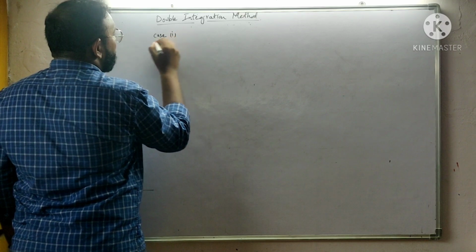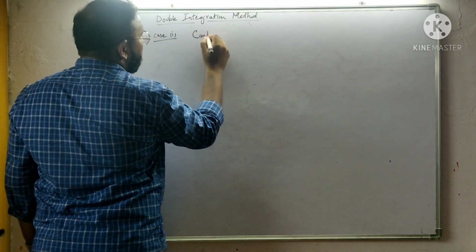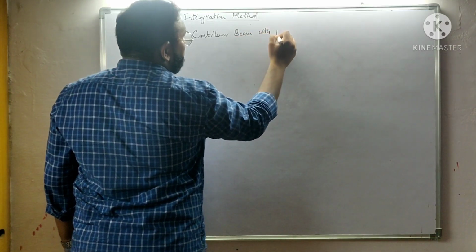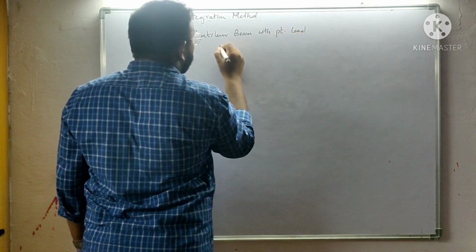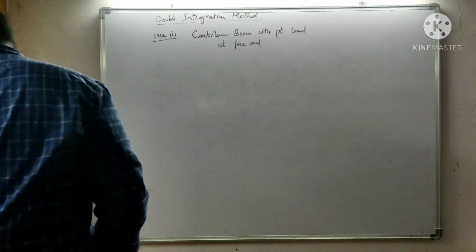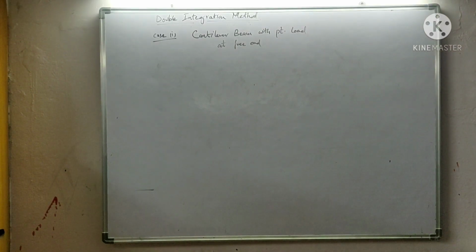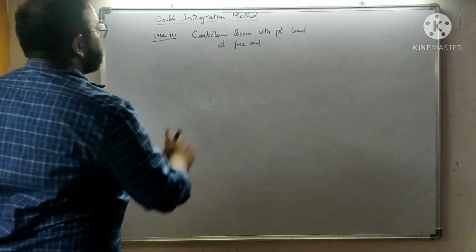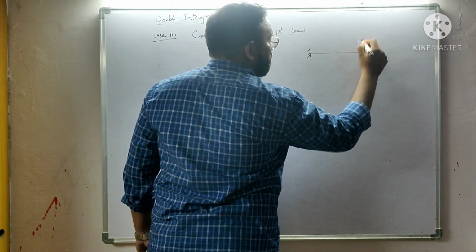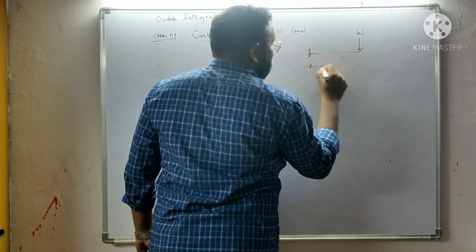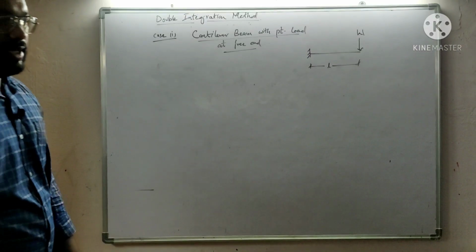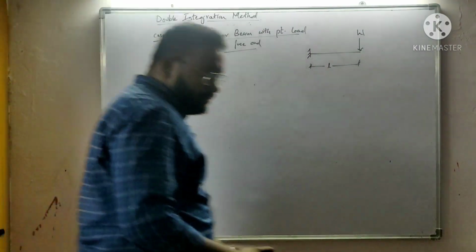Case 1: cantilever beam subjected to a point load at the free end. This is the basic and first case in which you will be calculating the slope and deflection at the free end for a cantilever beam. Now consider this is your beam. This is the load applied at the free end A, and the length of the beam is L. I'm applying the load at the free end.